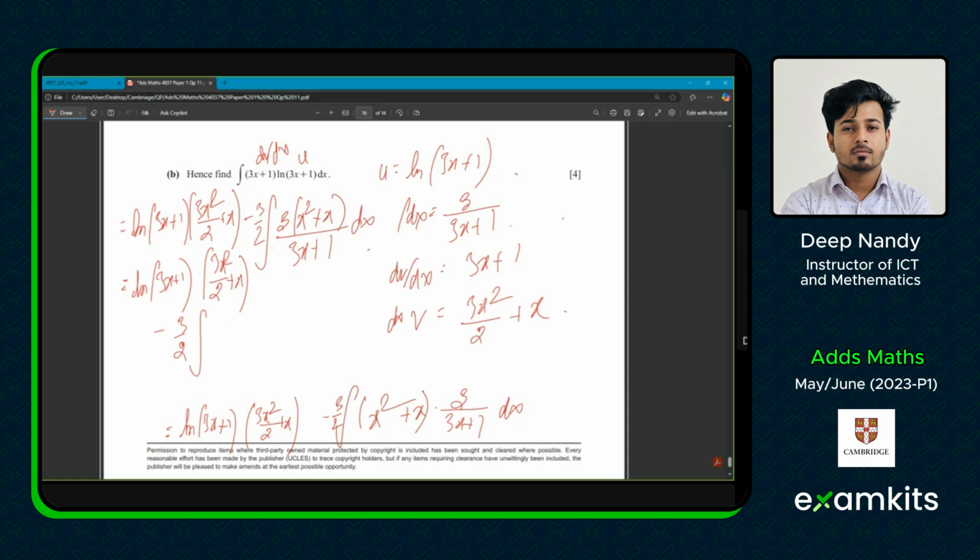If we take common here, x plus 1 over 3x+1. No, it's not needed.